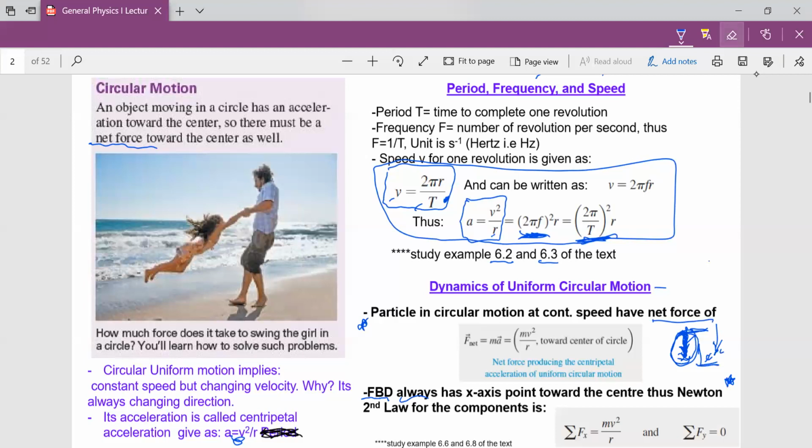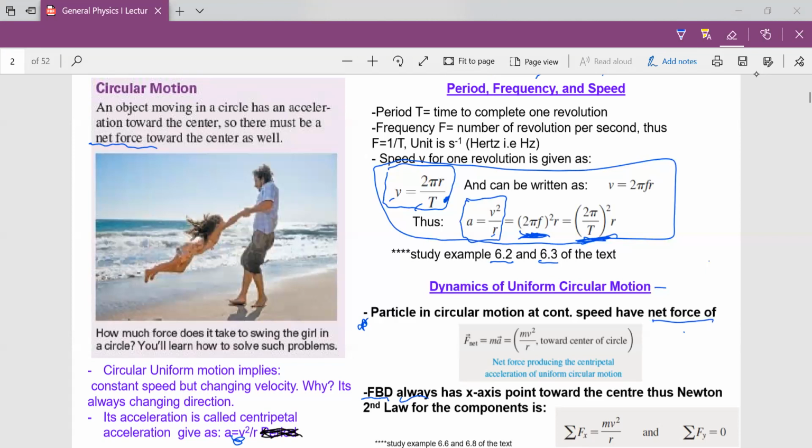So we're not just describing the axes in terms of the y-axis being vertical and the x-axis horizontal. No, what defines our x and y-axis is the direction towards the center. We're making sure that the x-axis is pointing towards the center. That way we can apply Newton's second law to solving the problem.